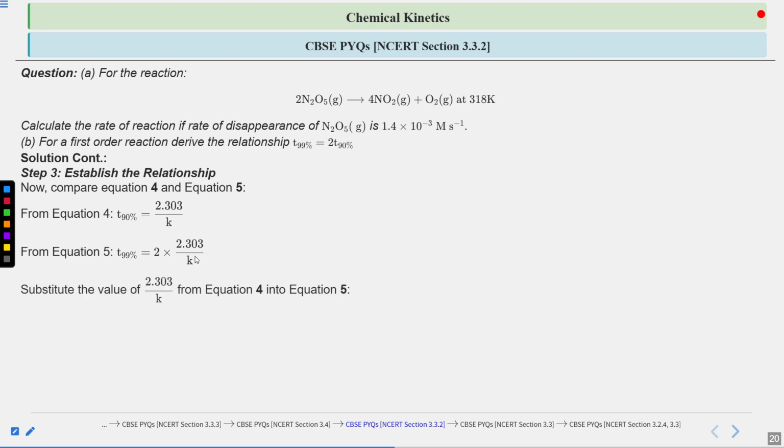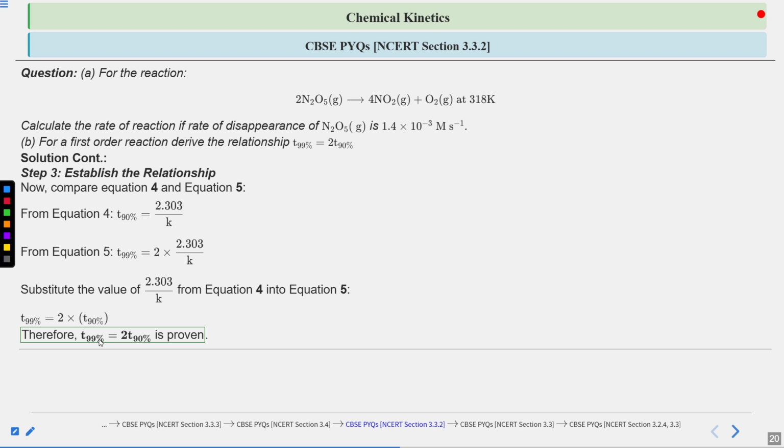When you have both the values, you can substitute the value of 2.303 by k from equation 4 into equation 5, because in equation 4, 2.303 by k is t 90%. You can write it in equation 5, and equation 5 becomes t of 99% equals twice of t of 90%.